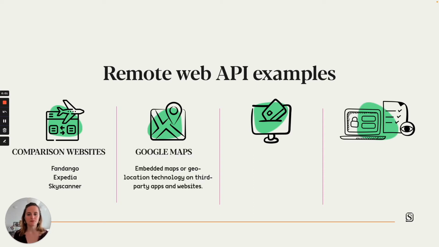Google Maps. Tons of companies use APIs to embed Google Maps on their websites or within their apps. Uber, for example, needed a best-in-class map application for their ride-sharing service when they were starting up. Instead of diverting developer resources away from building the ride-sharing app, and instead of investing money in building geolocation technology from scratch, in the early days, Uber simply used the Google Maps API to embed a map in their ride-sharing app.